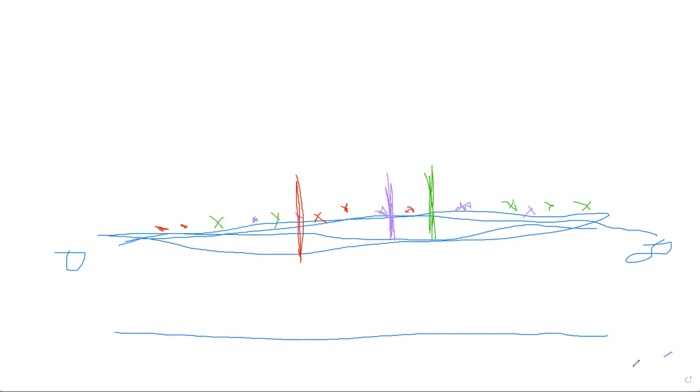The red group is on one side, for example. Here I lay down my observations of reds: 1, 2, 3, 4, 5. And I lay down observations of the green one here.